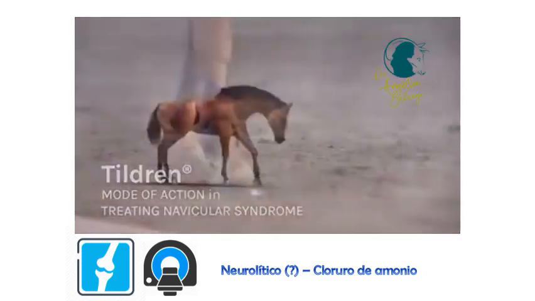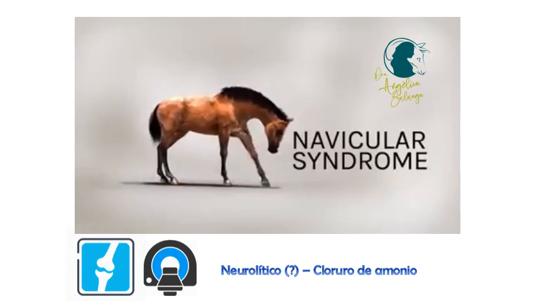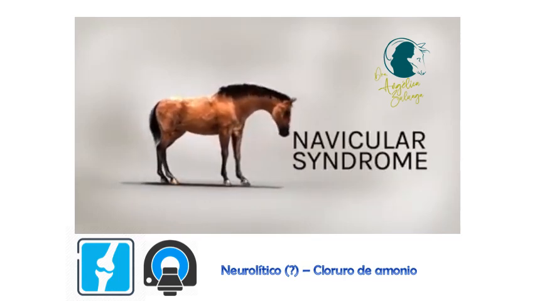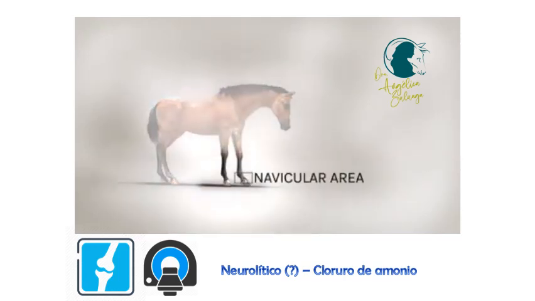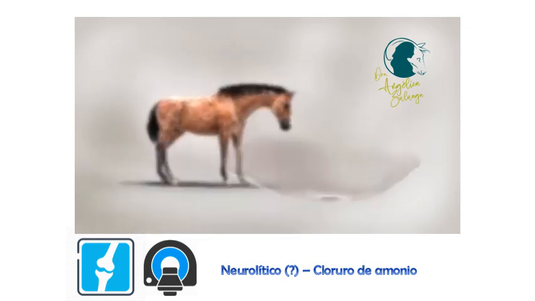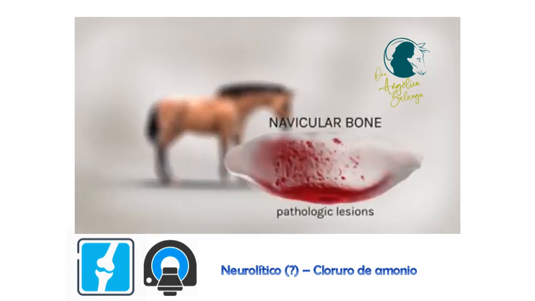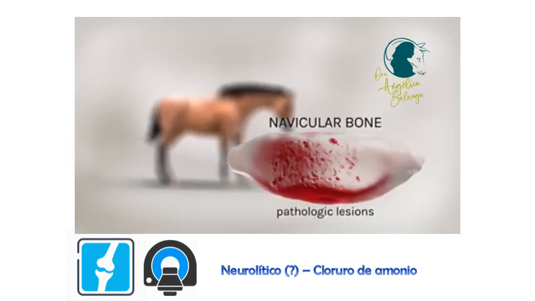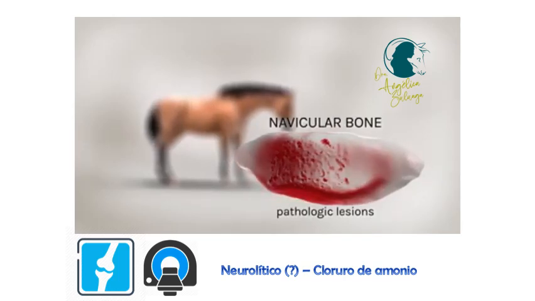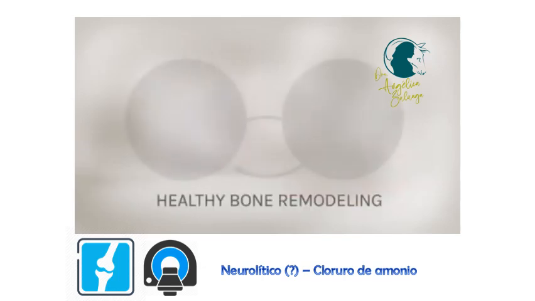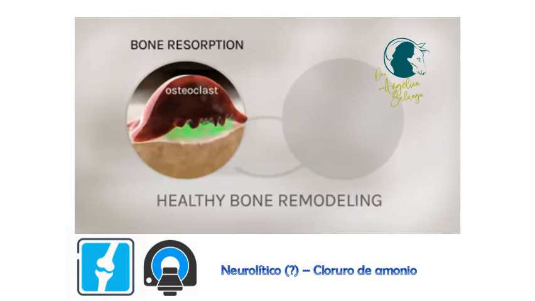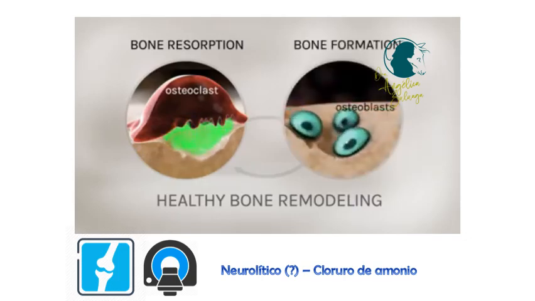Navicular syndrome is one of the most common causes of chronic forelimb lameness in horses. The pathologic lesions within the navicular bone are caused by a disruption to normal bone remodeling. Healthy bone is a dynamic tissue that undergoes constant remodeling through resorption by osteoclasts and formation by osteoblasts in response to mechanical stress.